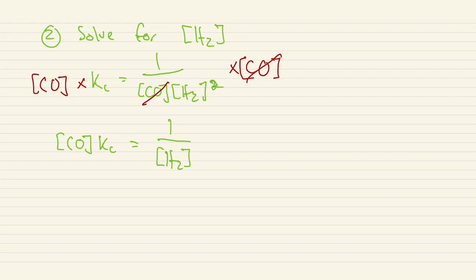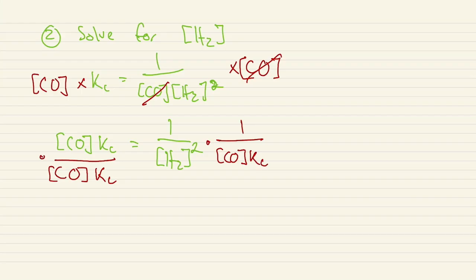What do we do next? H2 squared. We can just invert this. All right, we could have started by multiplying H2 squared to both sides in step 1 if we wanted to, but we can do that here. We can divide both sides by CO Kc, right?